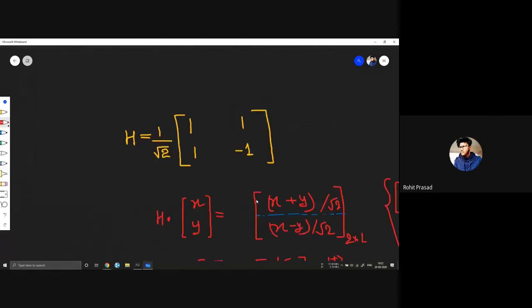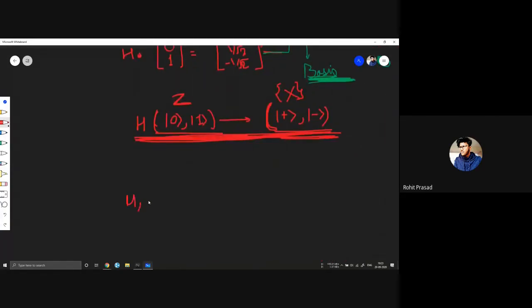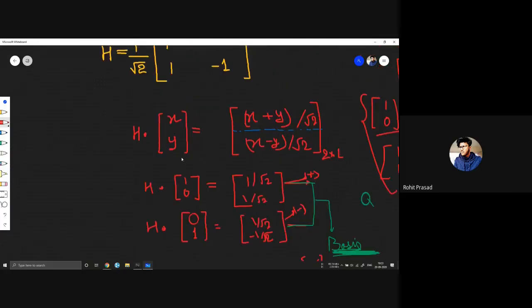Okay, so there are more gates like U1, U2, U3, RX, RY. We will learn about that after the Bloch sphere. Maybe during the Bloch sphere, I will talk about how RY does the transformation in that Bloch sphere, and these other things also.